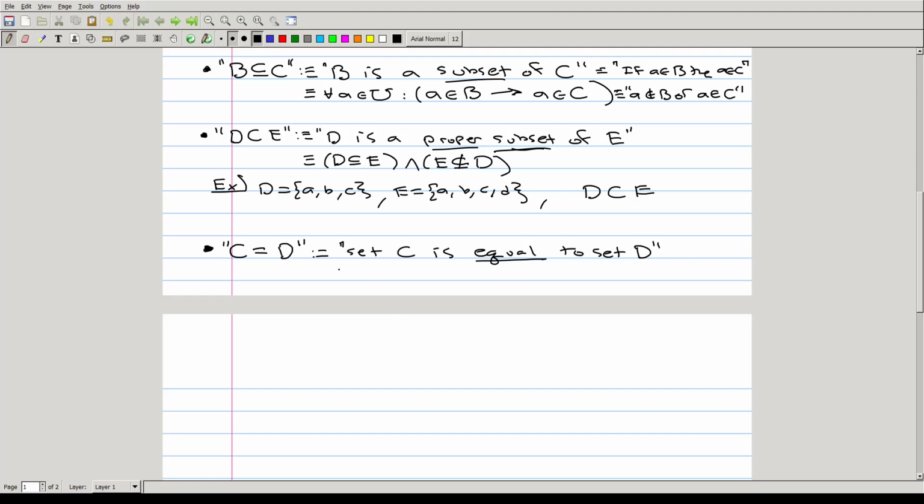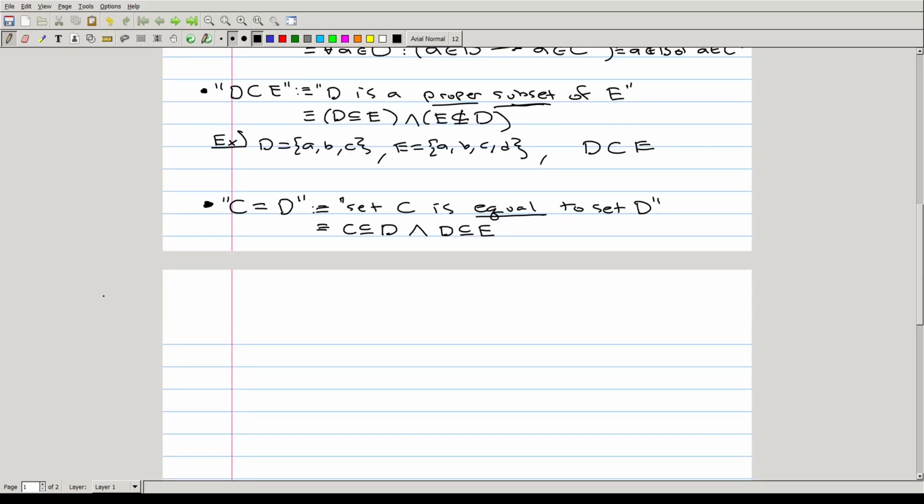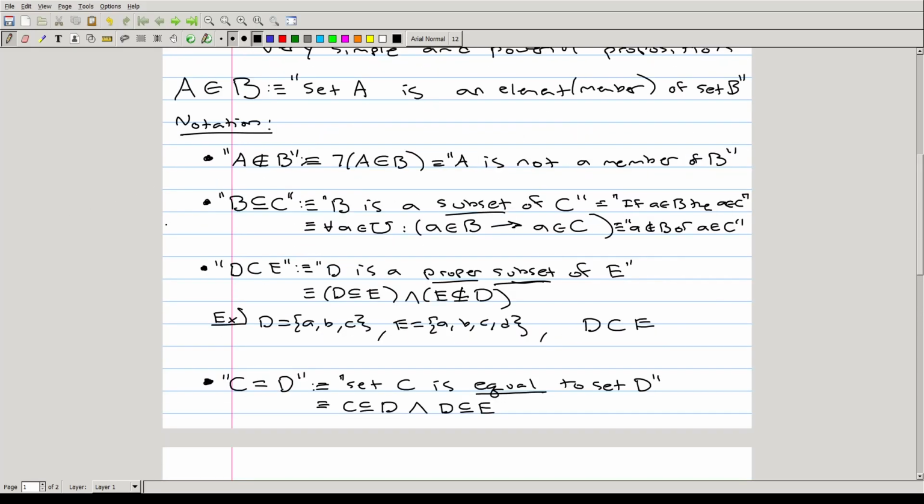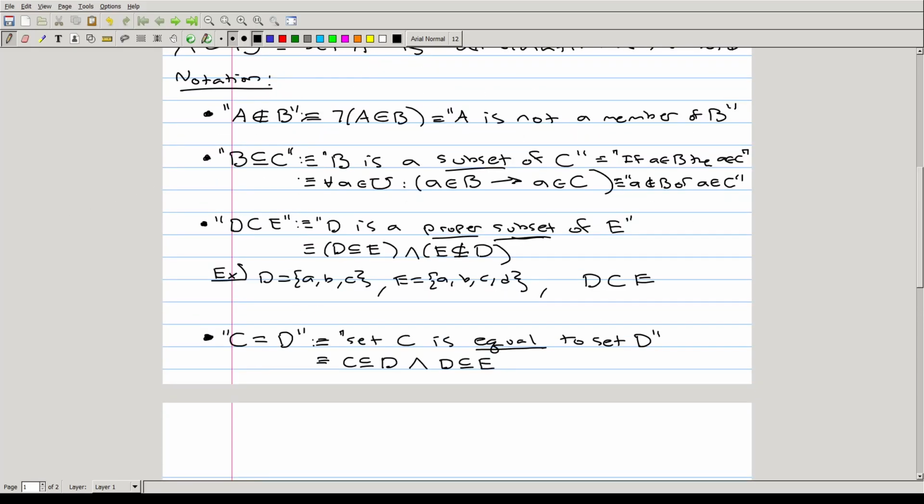But the way that we do this is by using the idea of a subset. We say that if C is a subset of D and D is a subset of C, notice we're not using the proper subset here, then we say that C is equal to D. So this is typically how you would go about proving that two sets are equal to one another. These are some of the most basic ideas about set interaction.